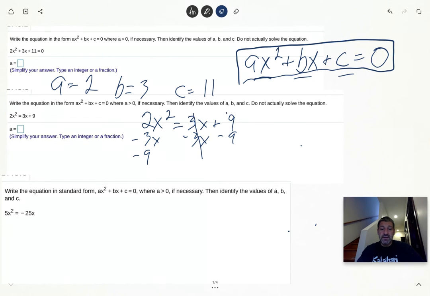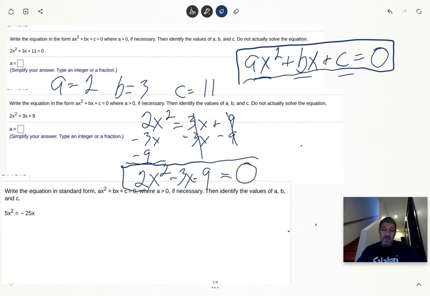Everything cancels out on the right side, and we're left with 0. Then that leaves us with 2x squared minus 3x minus 9. Now that that's in the standard form, A is equal to 2, B is equal to negative 3, and C is equal to negative 9.